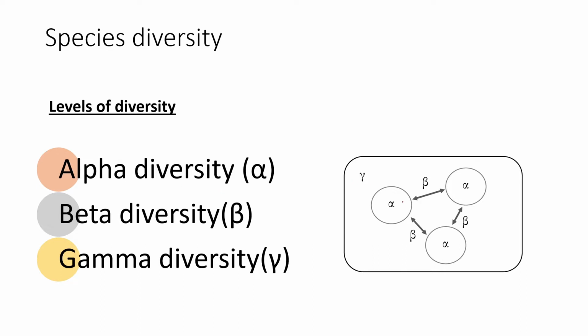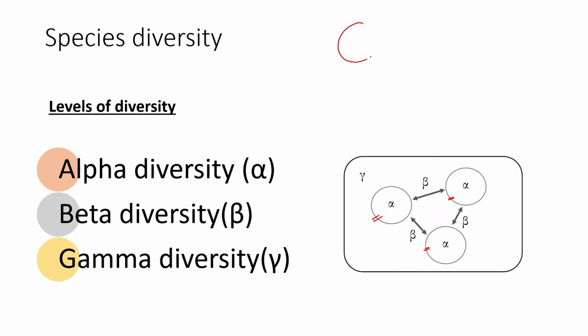They have different levels of diversity. One is alpha diversity. Alpha diversity talks about the diversity within a particular region. Let's say here is a particular region enclosed in circles. The number of species available in that region will be the alpha diversity.